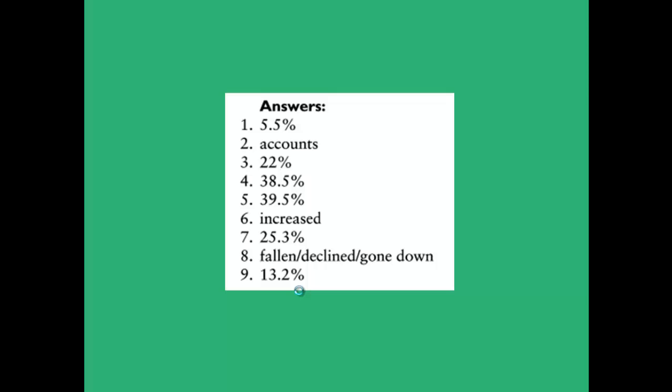Then we have 38.5%. 39.5% in number 5, and after that we have increased, then 25.3%, number 8 fallen, or we can say declined, gone down, etc., and finally 13.2%.